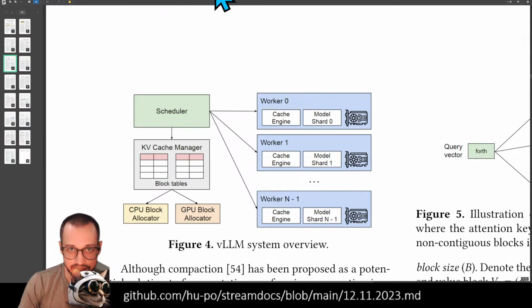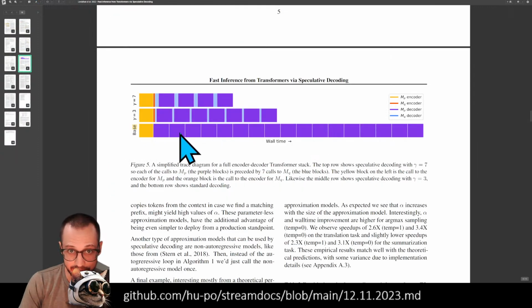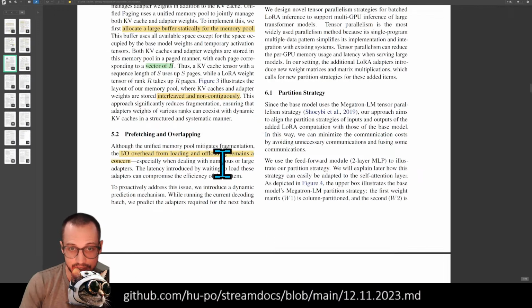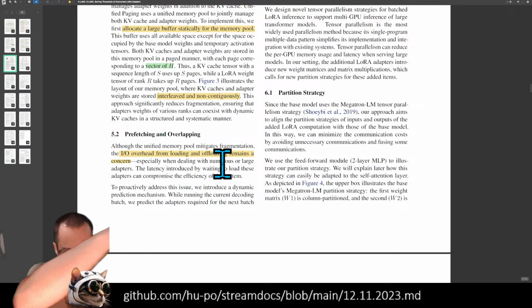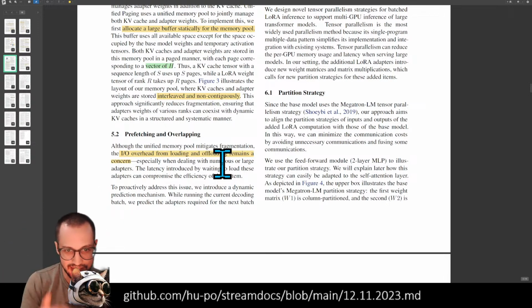But every single time we decode a token, in between every one of these purple blocks, we're going to have to go to the CPU, say, hey, what's in your memory? Give me this thing in the memory, and then bring it back to the GPU. So this I/O, or input-output, overhead might be a huge problem. So how are we going to deal with that?